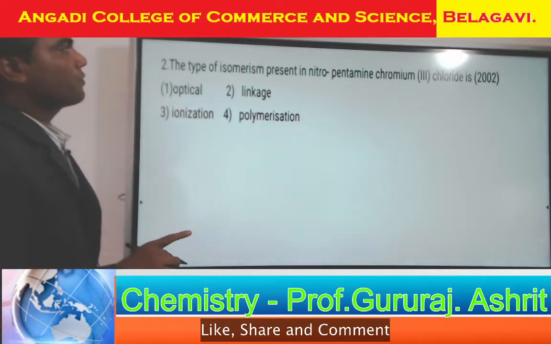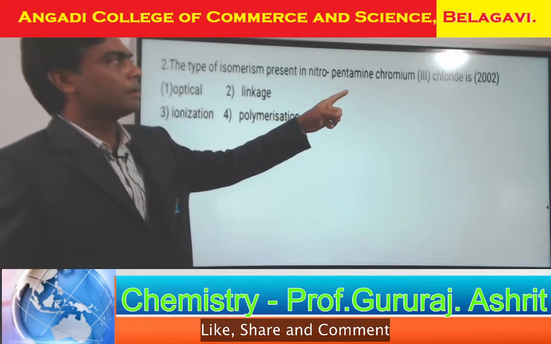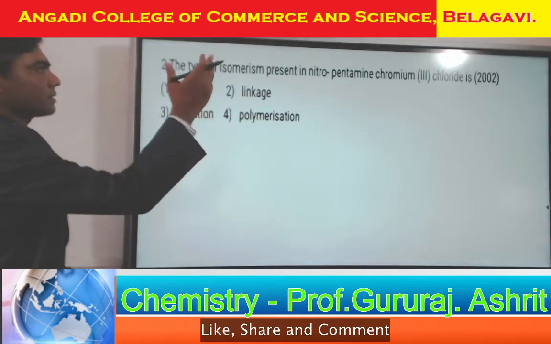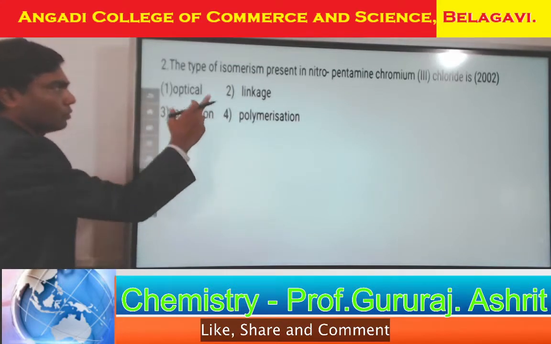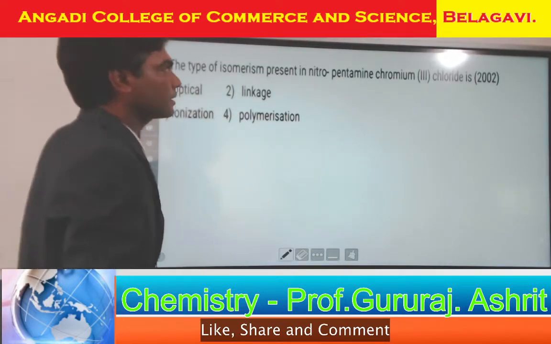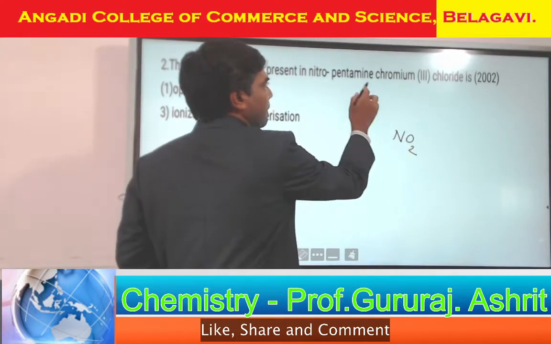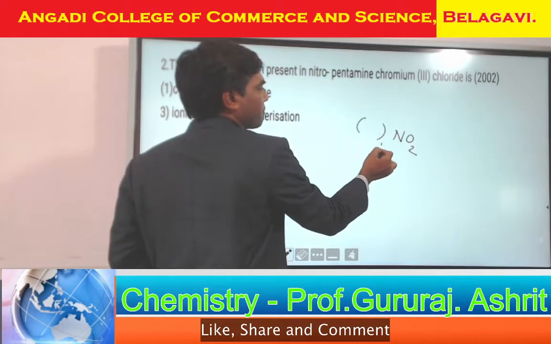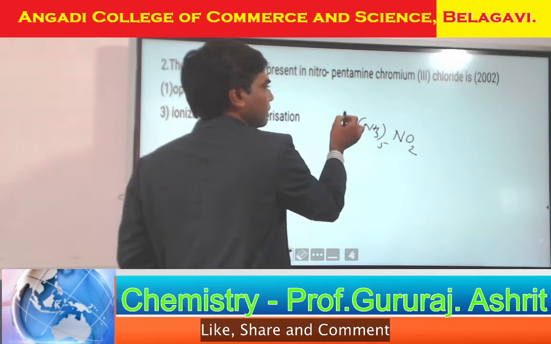The types of isomerism present in nitropentaamminechromium(III) chloride is... It was asked in one exam. He is asking about the isomerism. So first you should know to write the formula of that. Nitro, NO2; pentaammine, 5 NH3; you should find the charge later.